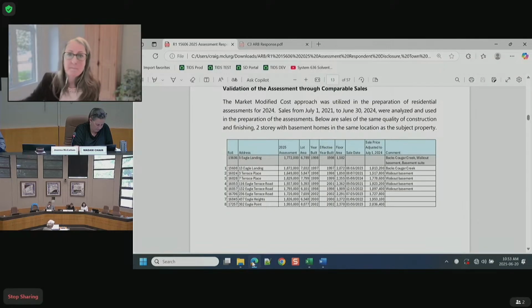Yes, but if the properties were similar, so obviously these properties are all in a very tight neighborhood, they're close together.